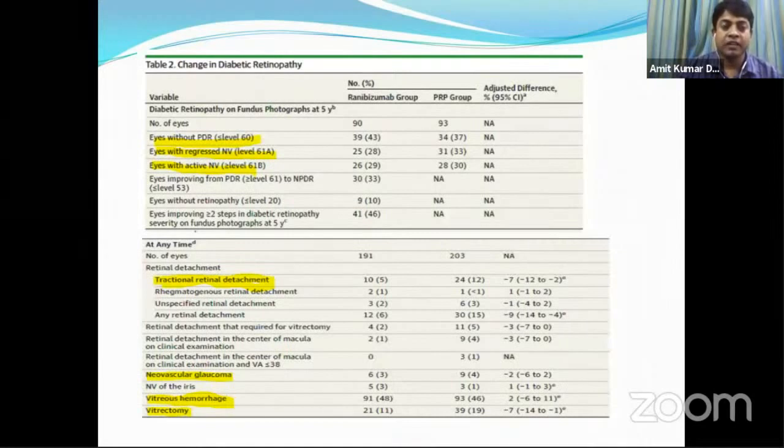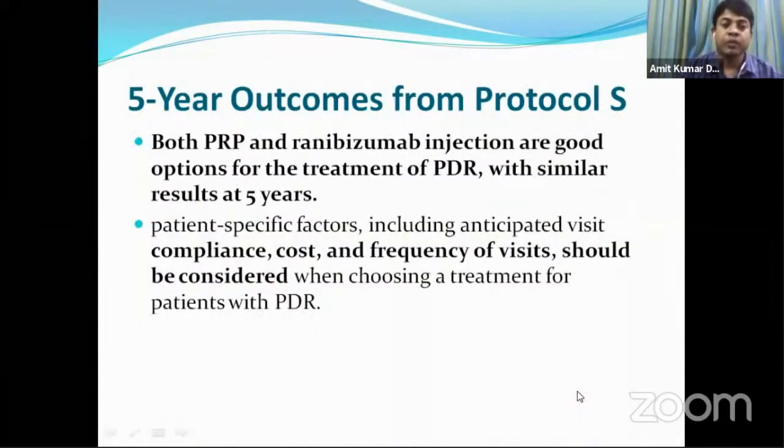Other findings in the study: in both the groups, eyes without PDR, eyes with regressed NV, eyes with active NV are almost same in both the groups. However, tractional retinal detachment was more in the group who had received PRP, and vitreous hemorrhage again was similar in both the groups. So they have concluded that both PRP and ranibizumab injections are good options for treatment of PDR with similar results at 5 years.